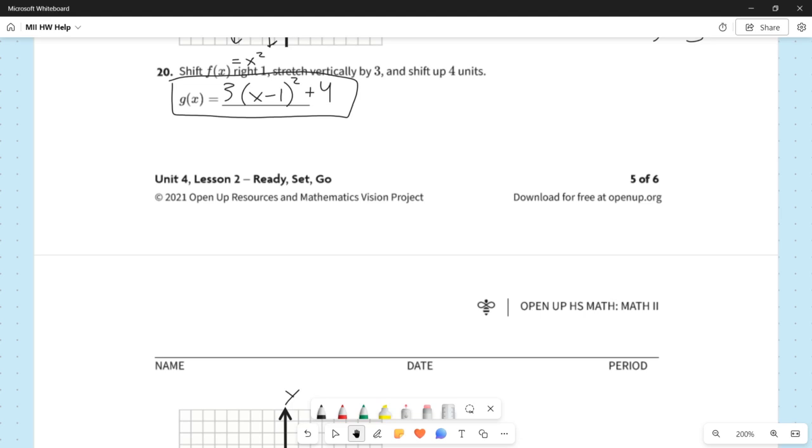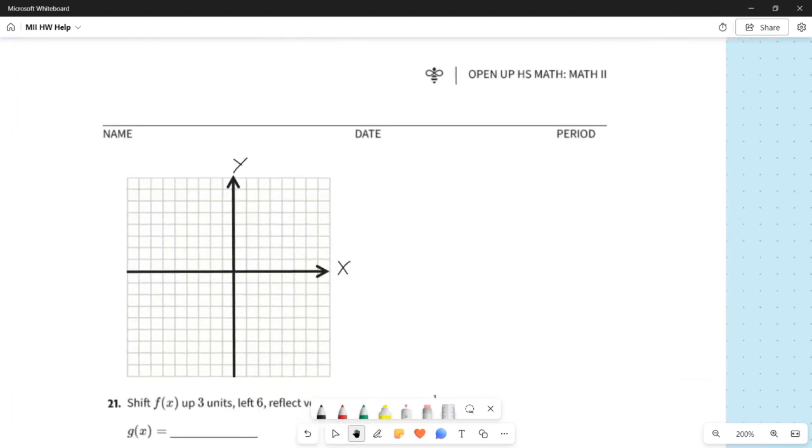The vertex occurs when the thing inside the parentheses, the thing that's getting squared, equals 0. If you want that to equal 0, then x is going to equal 1. So I could make a quick table of values over here.